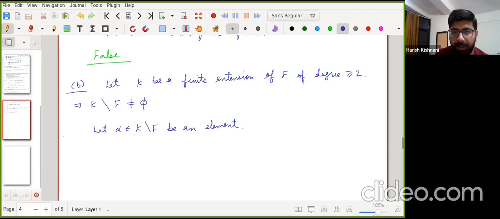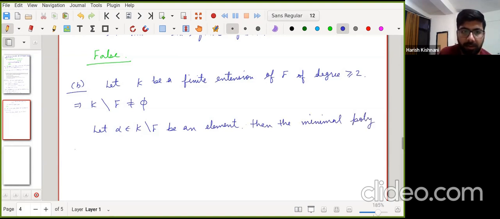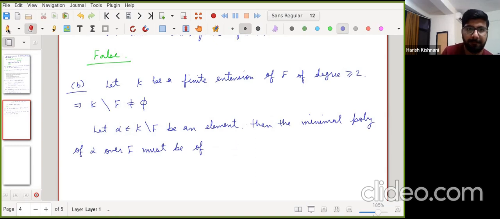Let alpha belong to k be an element, then the minimal polynomial of alpha over f must be of degree greater than or equal to 3, right?